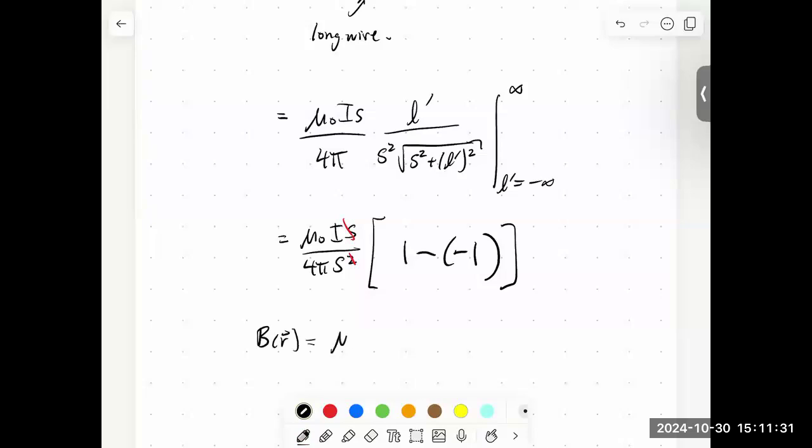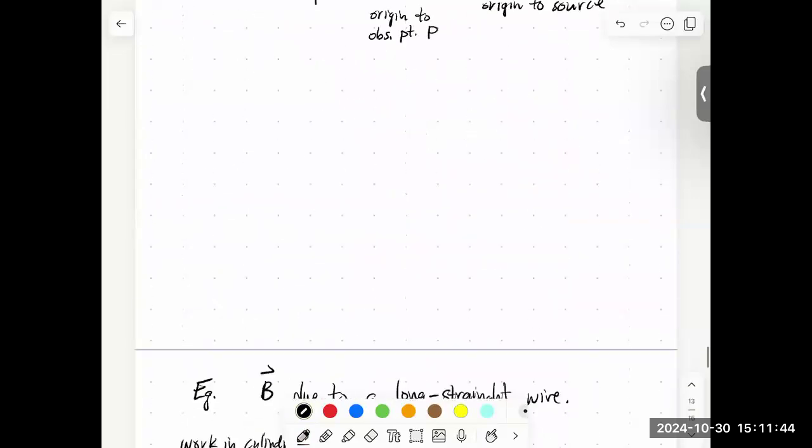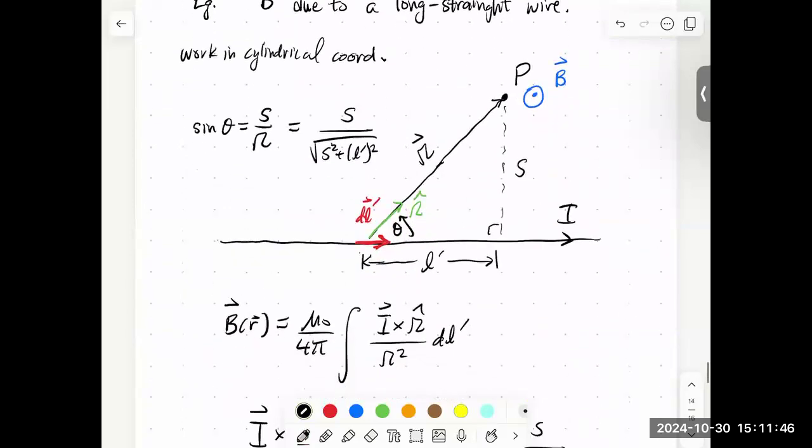is equal to mu naught I over 2 pi s. And what should we do for the direction? In cylindrical coordinates, we know that we're going to get magnetic fields that loop around like so. So what's the direction in cylindrical coordinates?